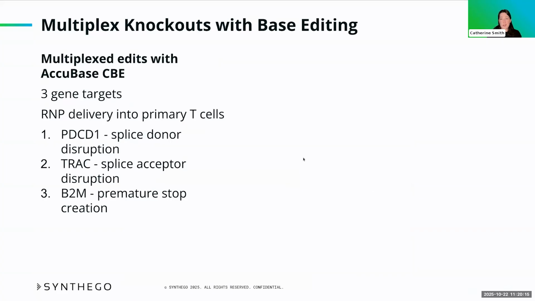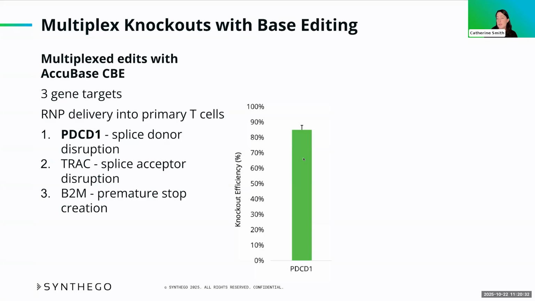As an example, let's walk through a multiplex edit performed using AccuBase CBE in primary T cells. This multiplex edit was designed to knock out 3 different genes using a mix of splice site disruption and premature stop creation strategies. The first gene, PDCD1, was disrupted by base editing a splice donor.